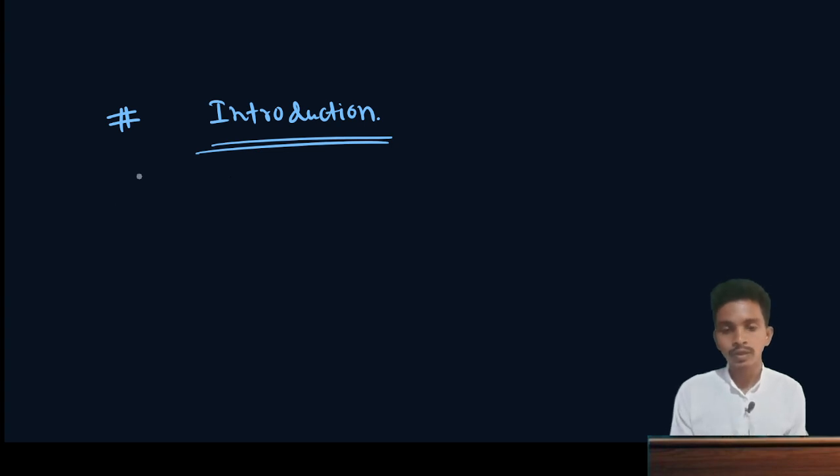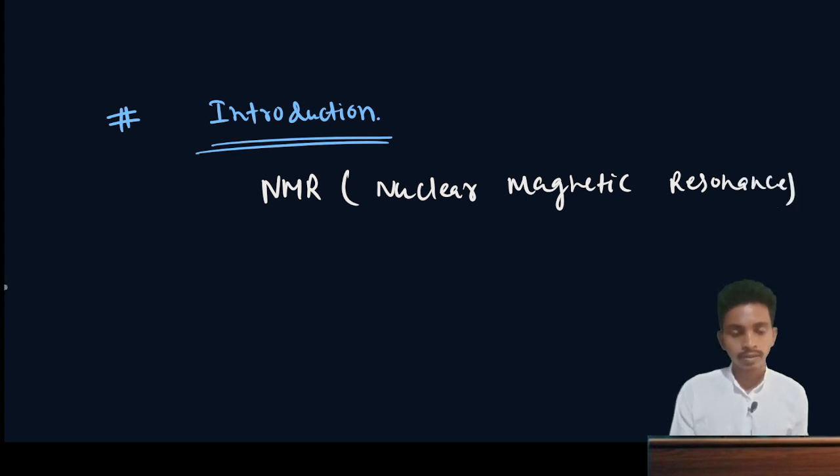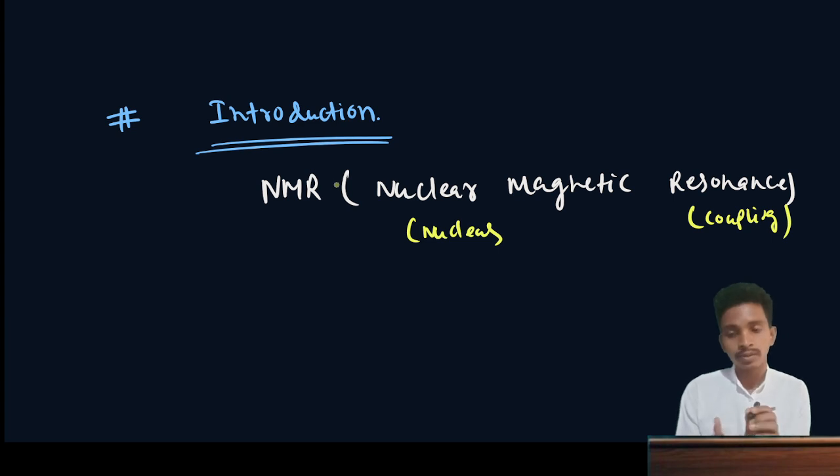Whenever you say NMR, it means nuclear magnetic resonance. Here resonance means coupling and nuclear means nucleus, and magnetic means we are giving some magnetic moments, and molecules have some magnetic moment, and they will cancel with each other and give some magnetic values.